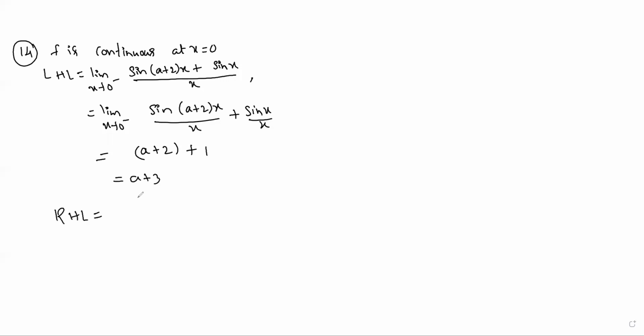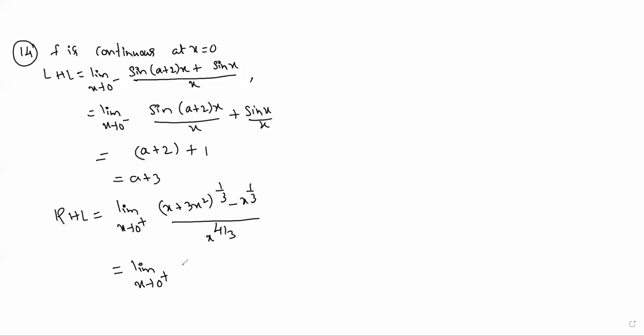Next RHL value, right hand limit. Limit x tends to 0 plus. Greater than 0, function is ((x plus 3x square) whole power 1 by 3 minus x power 1 by 3) by x power 4 by 3. Directly applying, 0 by 0 form will come. I don't apply here only L hospital rule.